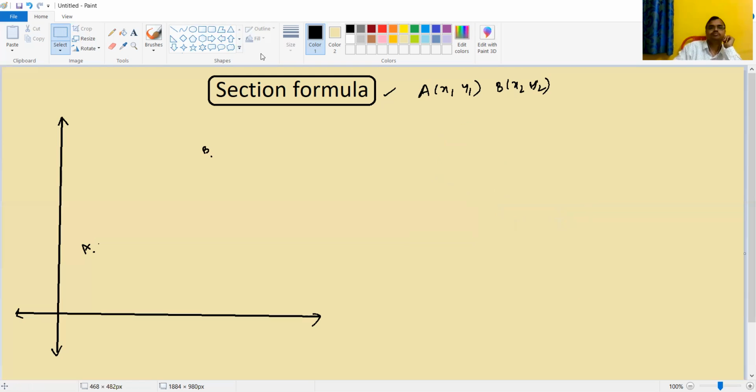Okay, so let us take 2 points A (x1, y1) and B (x2, y2). There is a point P (x, y) which divides AB in the ratio m:n. Then we have to calculate what x and y are. Okay, so A (x1, y1), B (x2, y2). Now join AB.